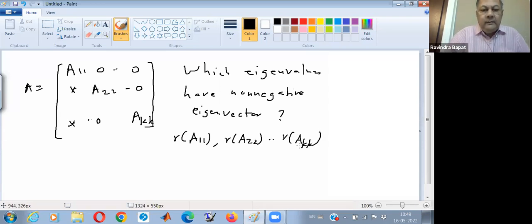By the way, any eigenvalue of a diagonal block is also an eigenvalue of the whole matrix. So the eigenvalues of A are the eigenvalues of A11, A22 put together. So these are definitely eigenvalues of A, and these are the possible such eigenvalues, but not all of them.